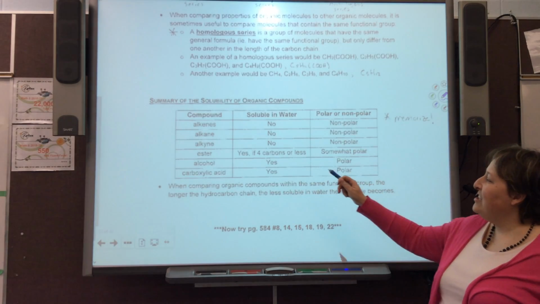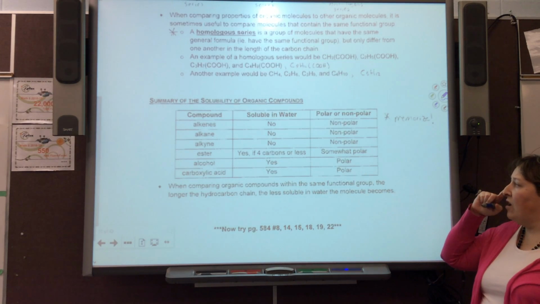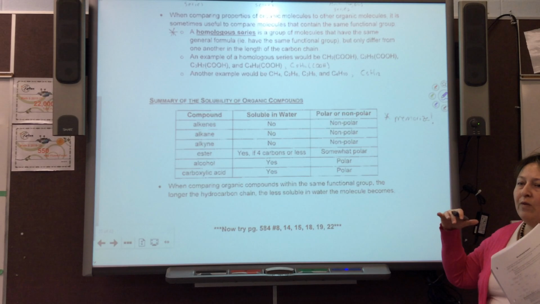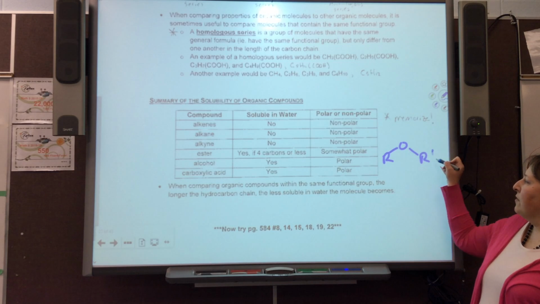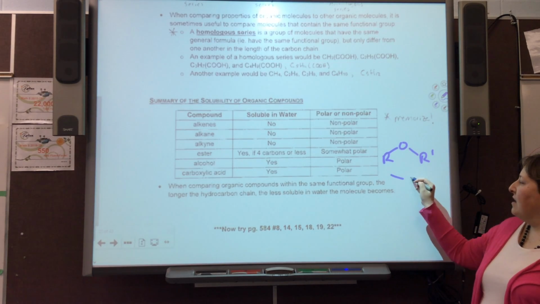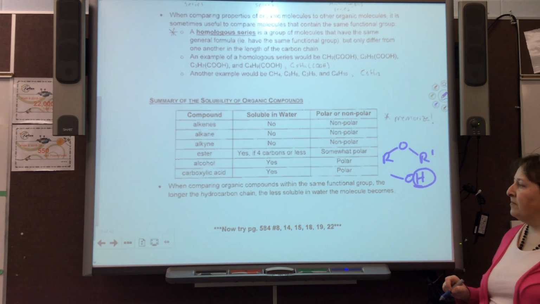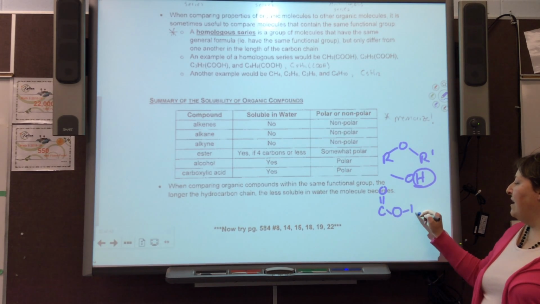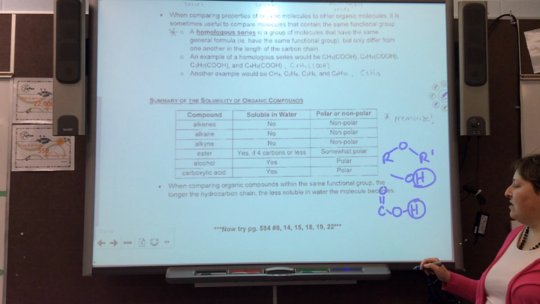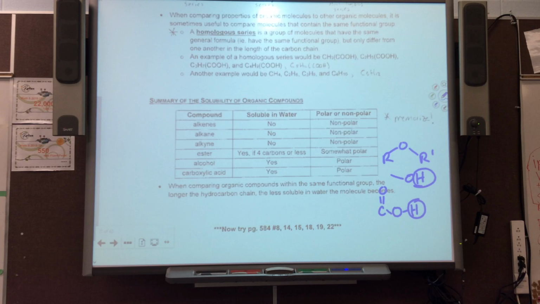So an ester, if it's 4 carbons or less, it's soluble. If it's longer than 4 carbons, the carbons will tend to outweigh the benefits of having that oxygen group in there. Alcohol has the OH group in here, your hydrogen donor, and then your carboxylic acid, again your hydrogen, so that you can make those hydrogen bonds, remember? Fluorine, oxygen, and nitrogen make the strongest bonds that we've got going.